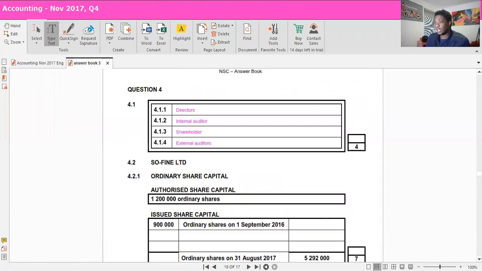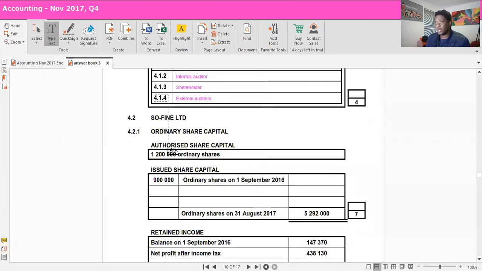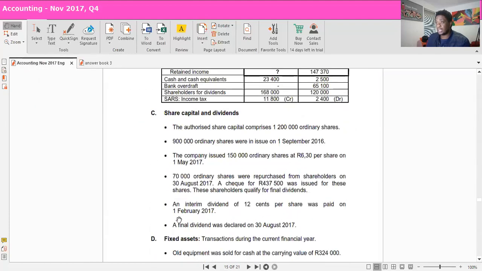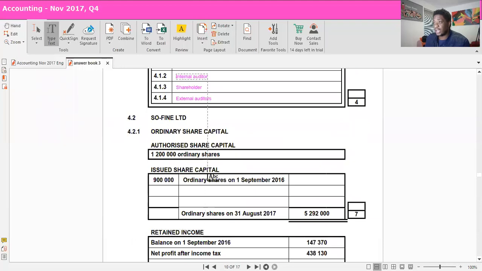Let's go to the answer book. Here they've already given us the authorised share capital. If they didn't, this is how you start a note on ordinary share capital: you list the authorised shares. If you go to share capital and dividends, they say the authorised share capital comprises 1.2 million ordinary shares, and that's already put in, so you don't get marks for that.